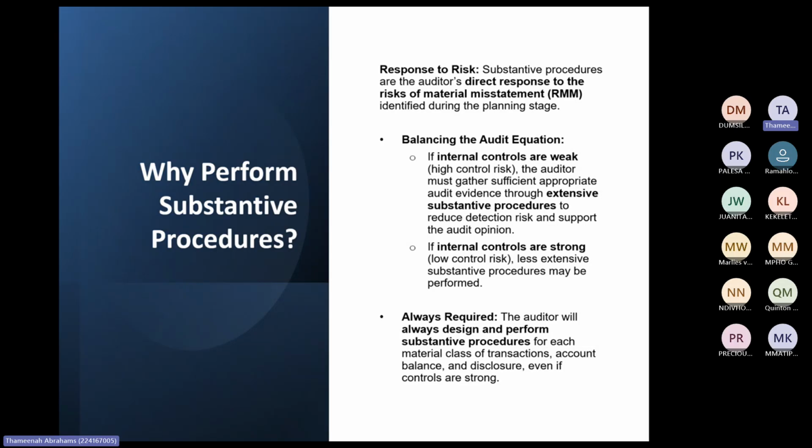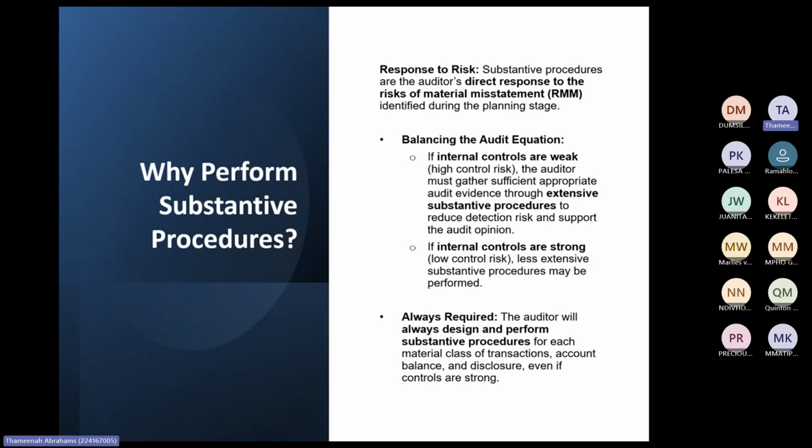Which means the control risk, remember what did I say? Inherent risk plus control risk is equal to risk of material misstatement. So when we speak about control risk, we're looking at the internal control. If internal control is weak, then we say that the risk for that control is high, because it's risky for us.